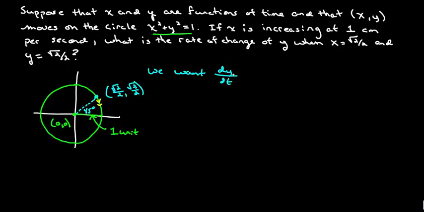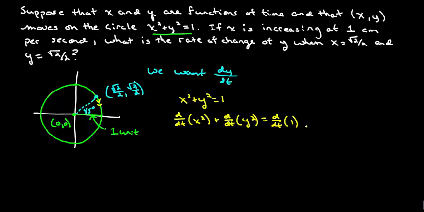Now the question is, how fast is it decreasing? So this is what we want: how is y changing with respect to time? What we've got is our original equation, x squared plus y squared is equal to 1. We're going to take the rate of change of this whole equation with respect to time. So that would be d/dt of x squared plus d/dt of y squared is equal to d/dt of 1.